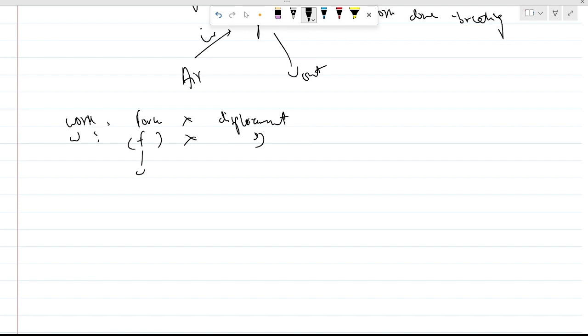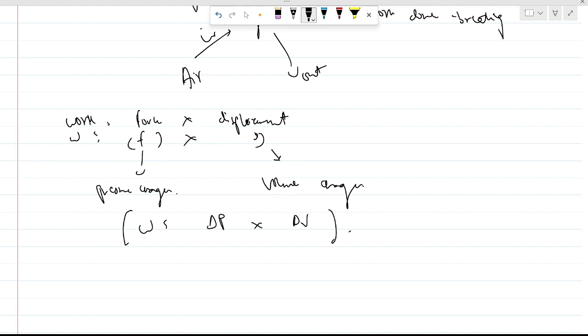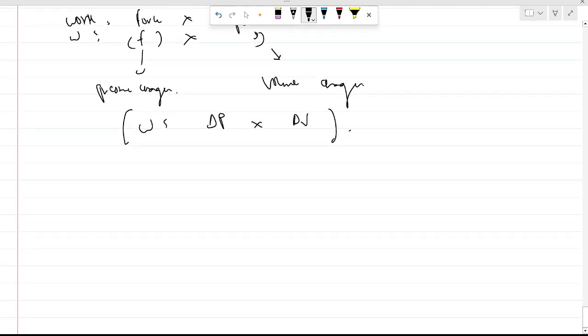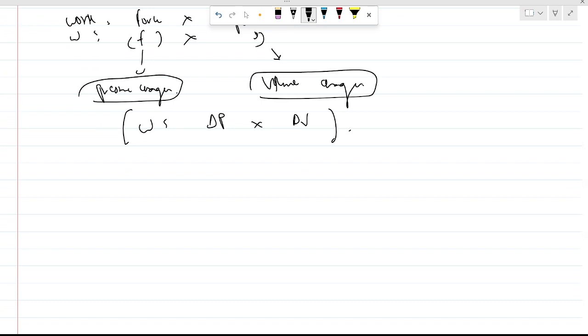Now this force we calculate as pressure changes. The displacement is our volume changes. So work is delta P into delta V. Force is pressure changes, displacement is our volume changes.